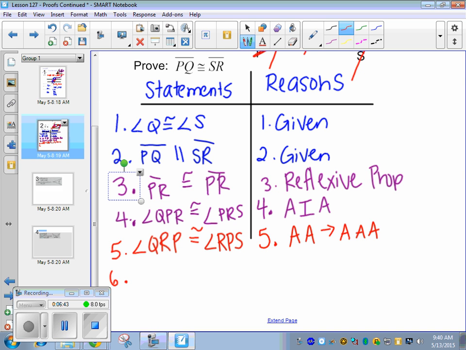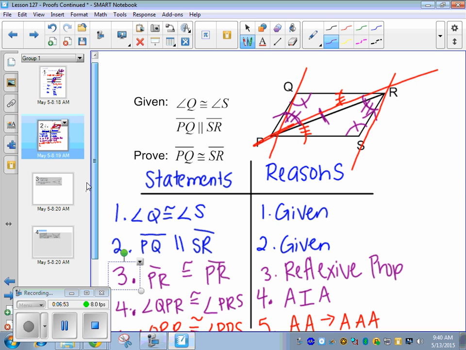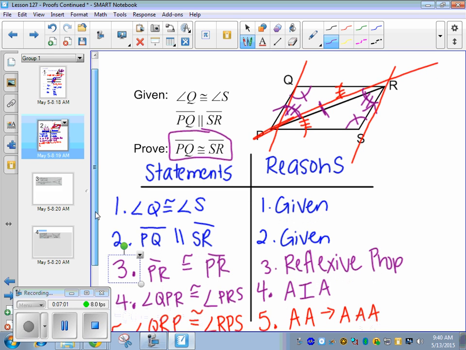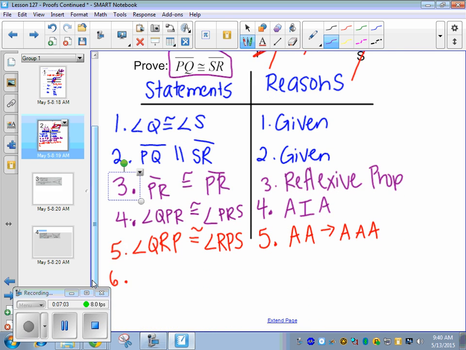All right. Yes. All right, Ryan, now what can we say? Not yet. Before we state the final thing, we have to state that the triangles are congruent. Okay, and we have to go in the same order.